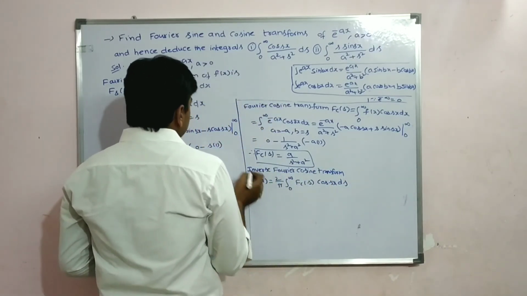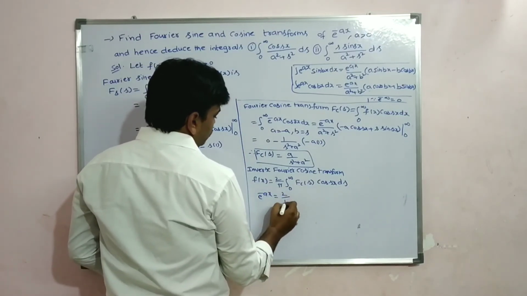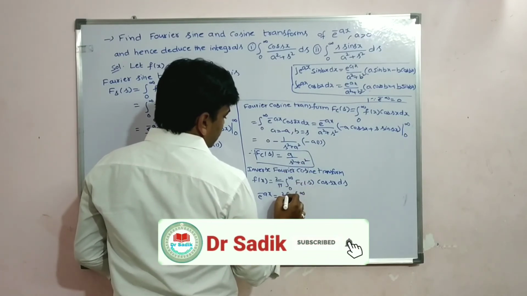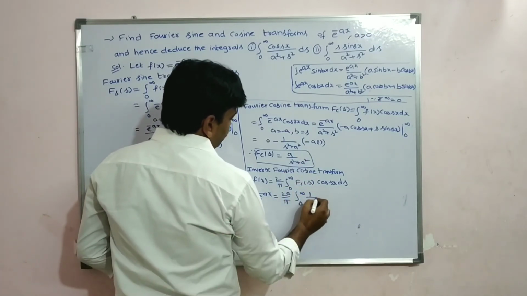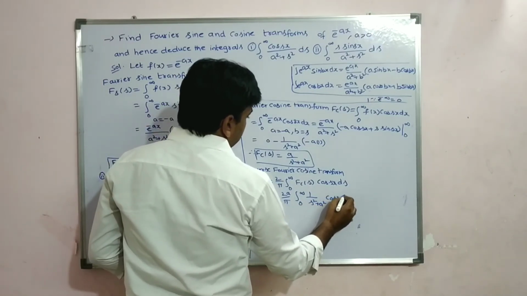So f of x is e power minus ax, equal to 2 by pi integral 0 to infinity a, and a is constant, so write it outside, 1 by s square plus a square cos sx ds.